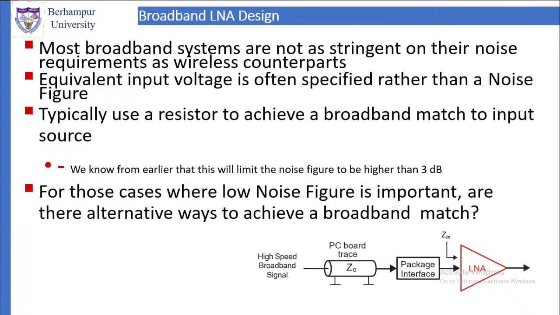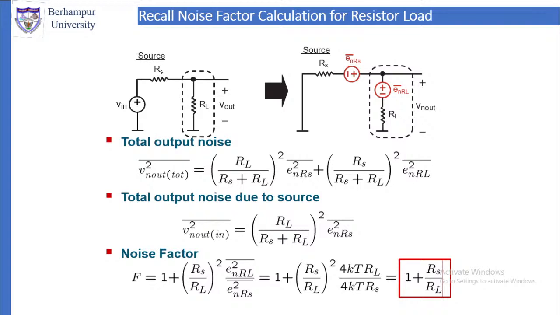So the noise figure will be more than 3 dB. For those cases where low noise figure is important, are there alternative ways to achieve broadband match? That you have to think. We have discussed different methods earlier of doing this. So that is what we have to think.